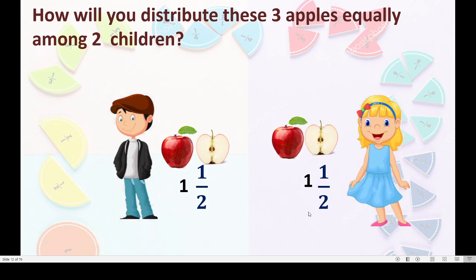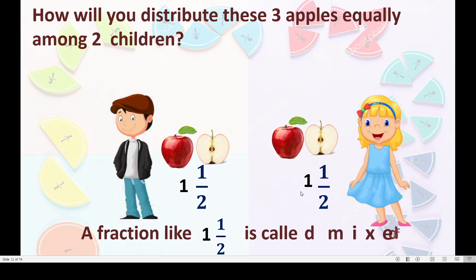Dear children, we can see here 3 numbers. 1 beside, 1 in the numerator and 1 in the denominator. This is full and this is half. Isn't it? A fraction like this is called a mixed fraction. Got this? This whole number is also there and a fraction is also there.